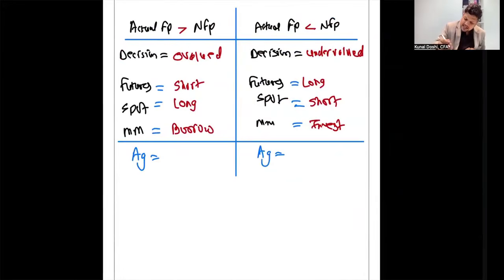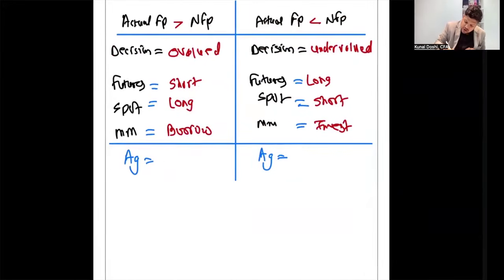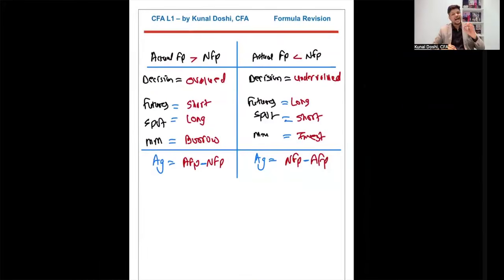The arbitrage gain is the difference between the actual future price and the no arbitrage future price, because the future was overvalued. If it was undervalued, it is the difference between the no arbitrage future price and the actual future price, because the future was underpriced. That gain is certain.